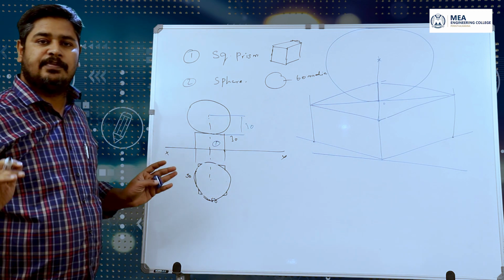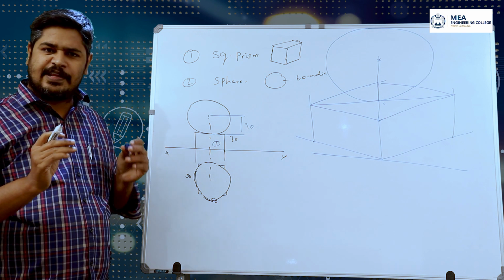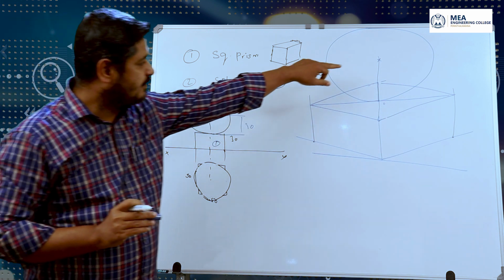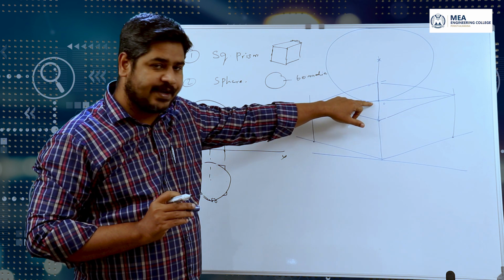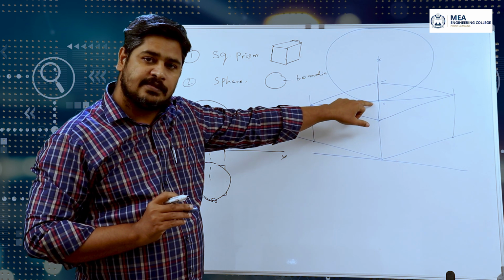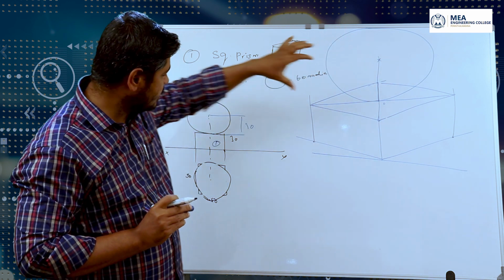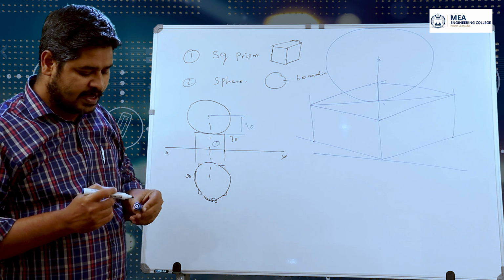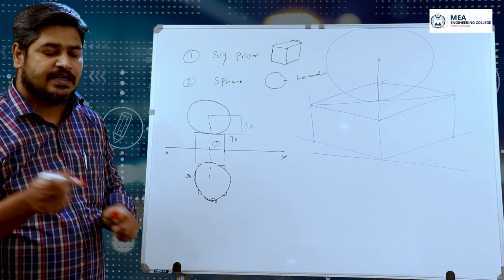That's all about the isometric projection. The construction of a prism and a sphere is very easy. Find the center point, this is the most important thing. How to find the center point? First find the center on the top surface, then construct the vertical line, then fix the radius. The radius is 30 mm, which is available in the question itself. After constructing this, finally darken the area whatever is required.